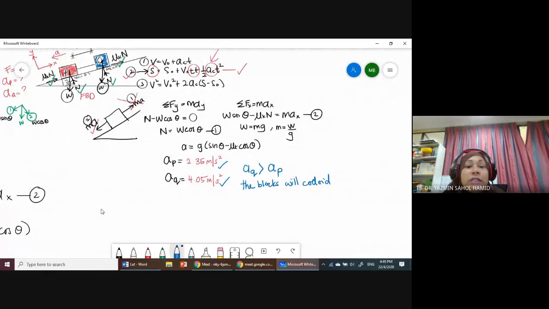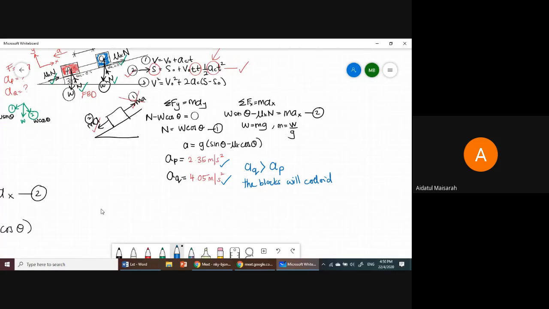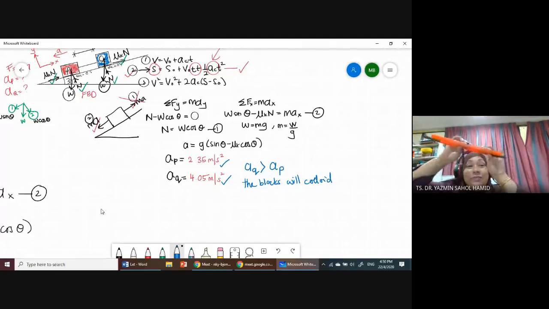The position S for block P and Q will be different because Q moves faster than P. At the same time, since Q is faster than P, Q will achieve a farther position. Do you understand? If you don't understand, find a toy car and play at home to understand. Those who have younger siblings.